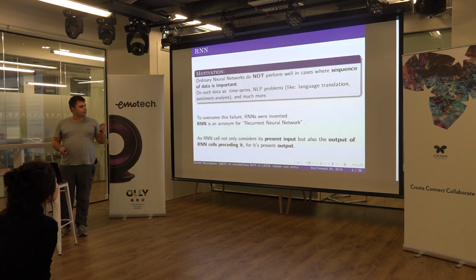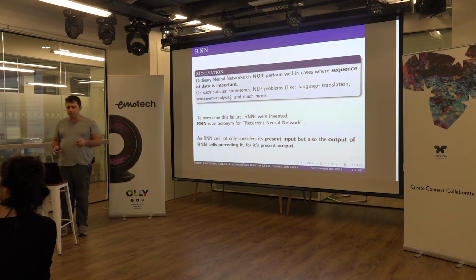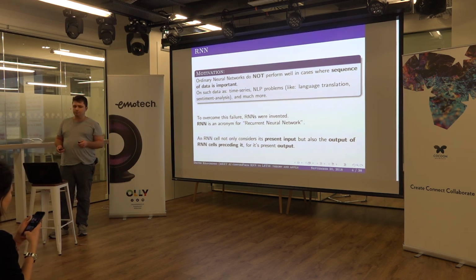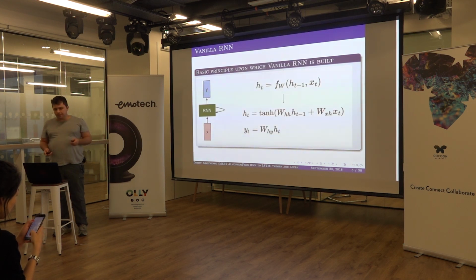The first paper about RNN appeared in 1990, and from that time that algorithm was used. An RNN cell not only considers its present input but also the output of the RNN cell preceding it for its present output.